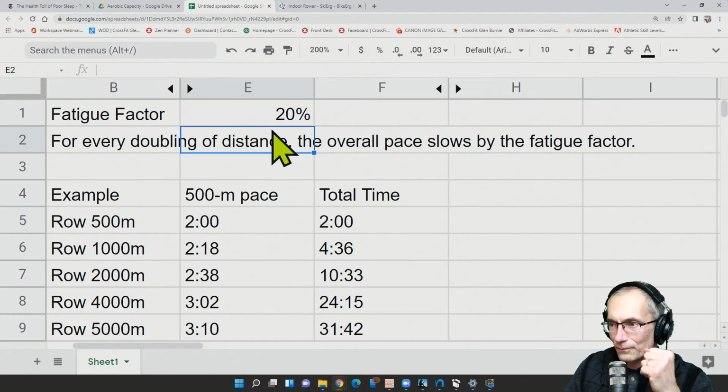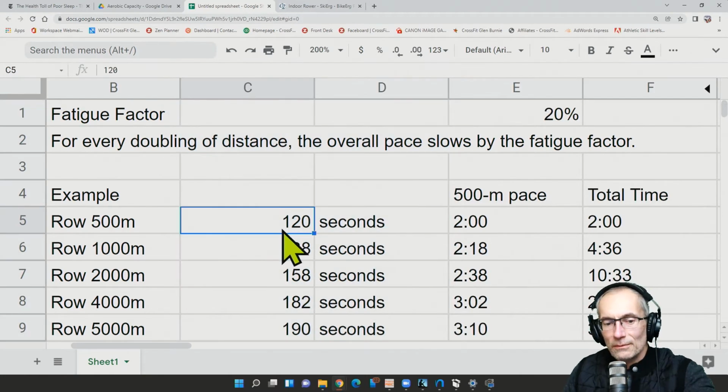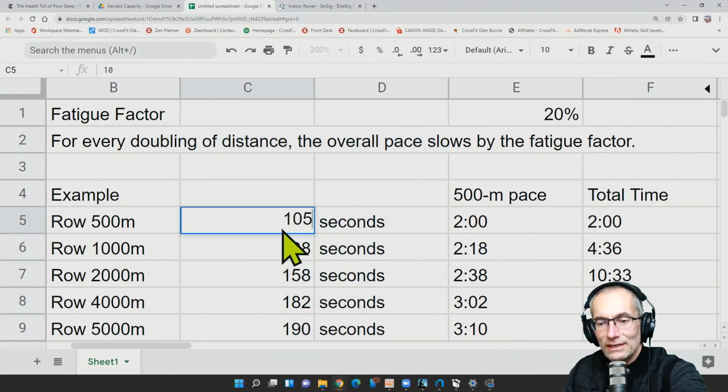Chances are you are actually able to row a faster 500 meters than that 2 minutes. So let's change this to a minute 45 pace.